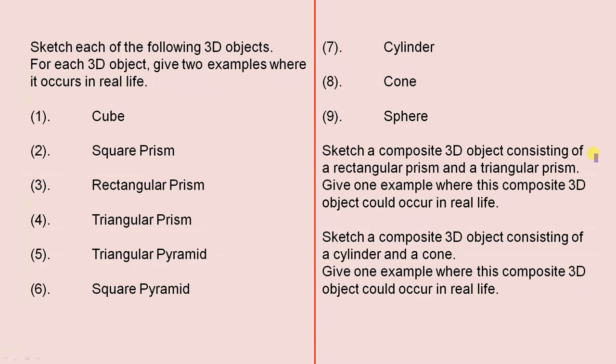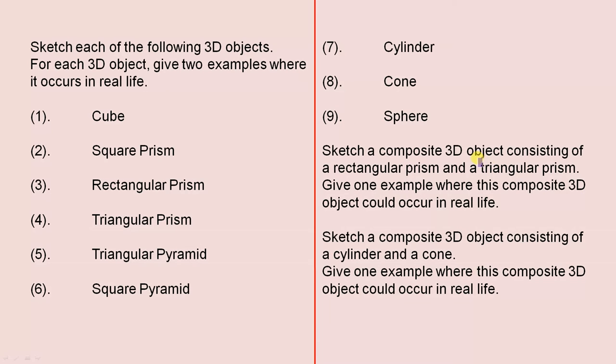Now, here we have 2 very interesting exercises. This requires a little bit of creativity. So the first one, sketch a composite 3D object consisting of a rectangular prism and a triangular prism. Give 1 example where this composite 3D object could occur in real life.